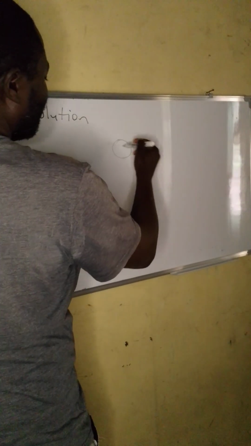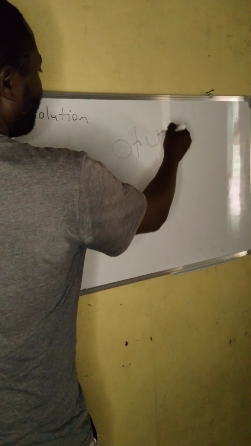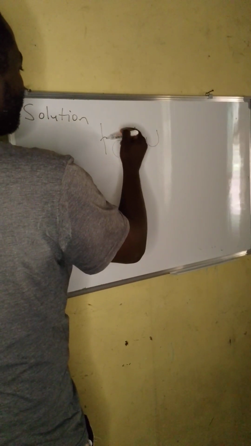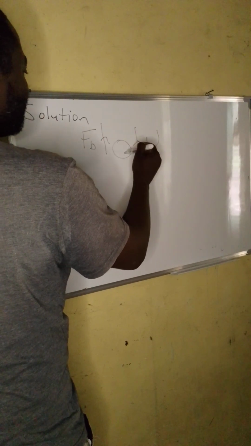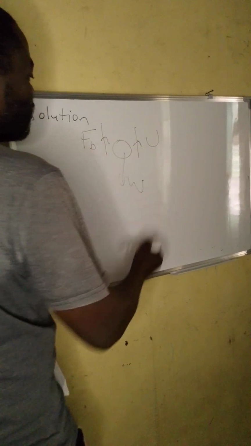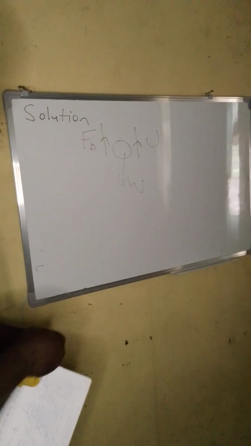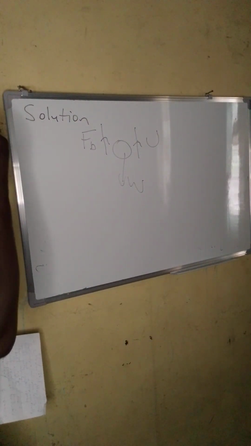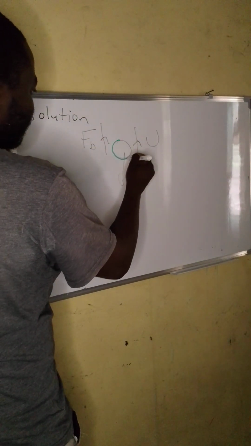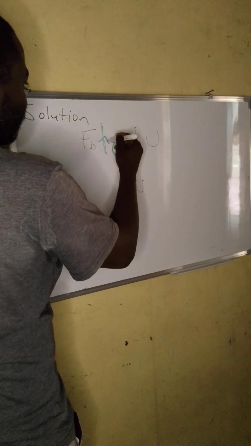So consider the free body diagram. This small sphere is subject to viscous drag force and weight. These are the two main forces acting on the sphere.